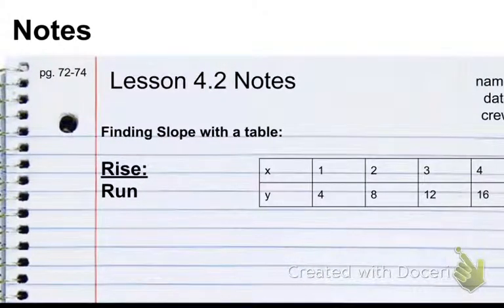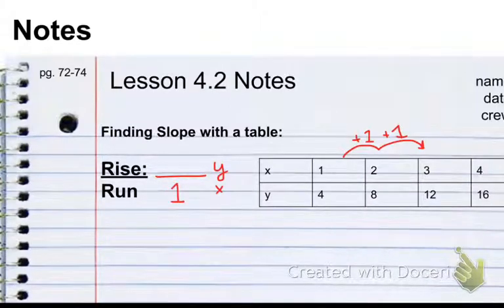Now, how do we find slope with a table? Same thing. What is our change in y? What is our change in x? In this case, x is changing by 1, right? Because I'm adding 1 each time to get my new answer. So my change in run is 1.